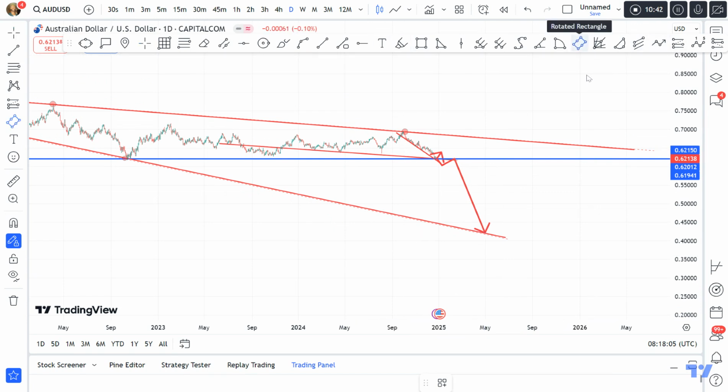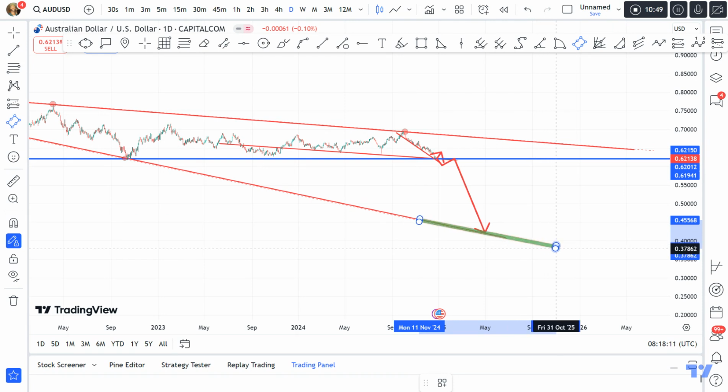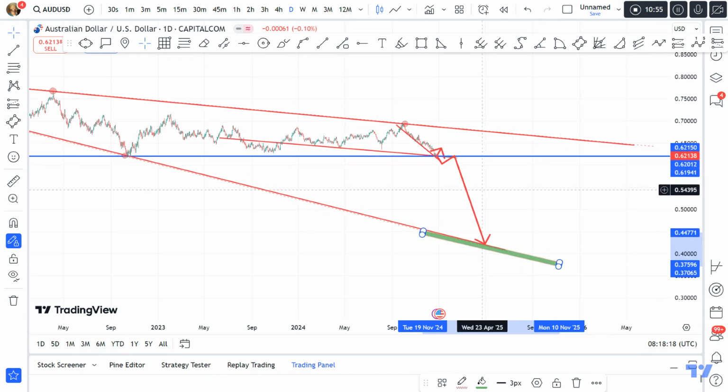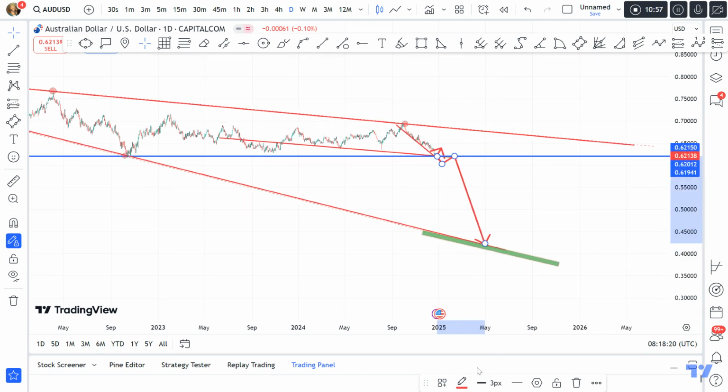So I believe that the Reserve Bank of Australia will do everything it takes to make sure that Australian dollar avoids a further slide. They must do all it takes to avoid it. If that happens, then we are going to have severe drop from Australian dollar.